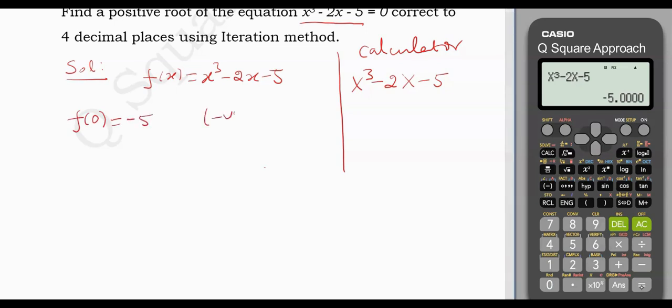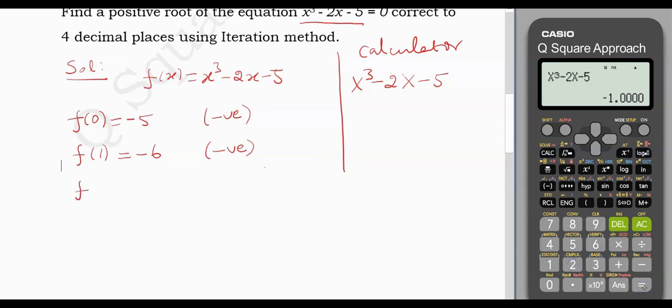So this is negative, and in the calculator again press the calculation button and give x is equal to 1. So f of 1 is equal to minus 6. This is also negative. Again in the calculator press the calculation button, give x is equal to 2.